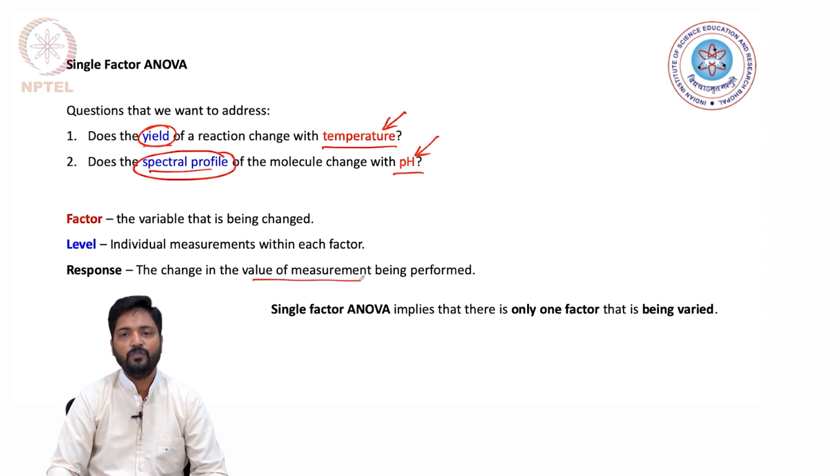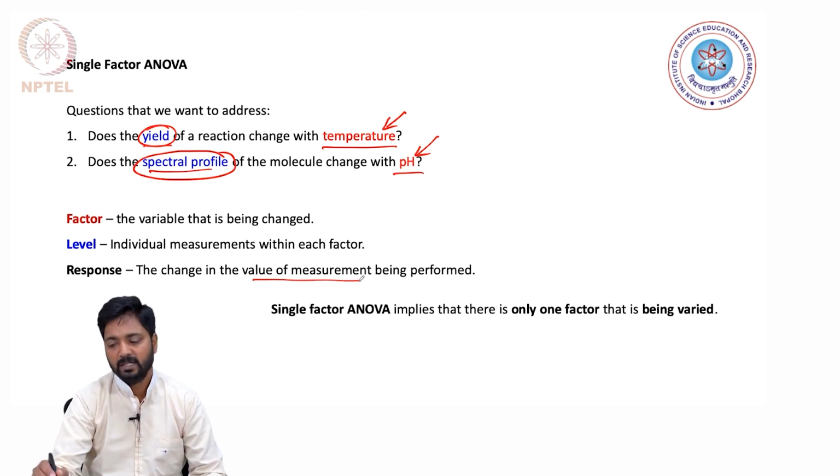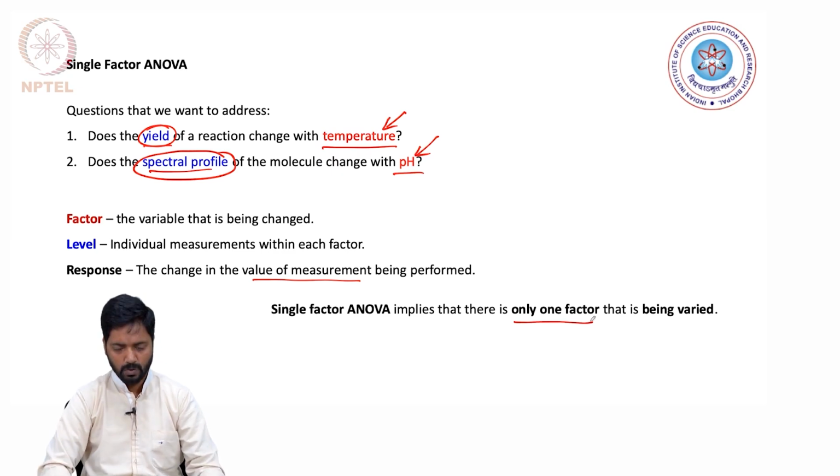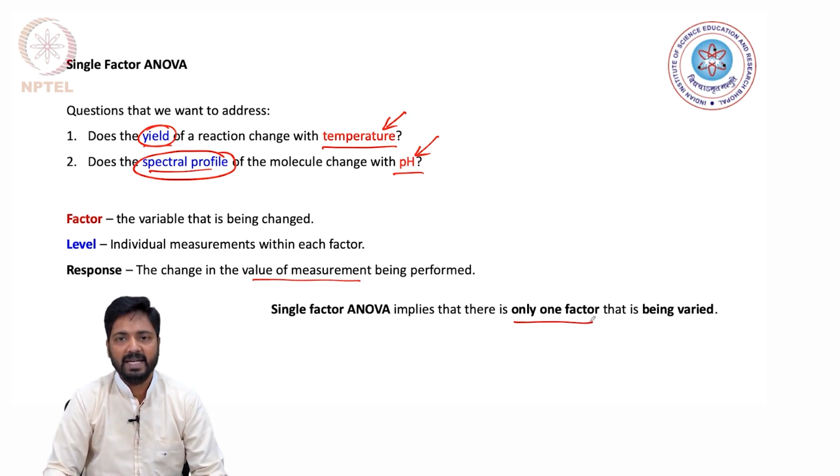So a single factor ANOVA in fact implies that there is only one factor that is being varied in these analyses. So, what we will do is we will undertake a detailed example of how analysis of variance is to be conducted for a single factor in the upcoming lecture.